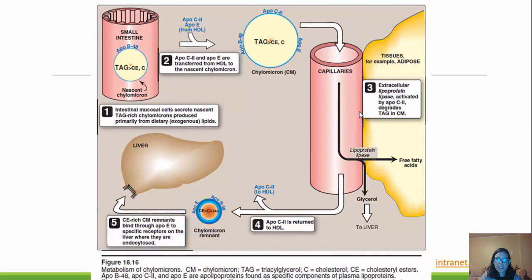The lipoprotein lipase in the capillary endothelium acts to free our fatty acids and deliver them to extrahepatic tissues, such as the adipose tissue and muscle. The glycerol then goes back to the liver or the kidneys. And what's left is our chylomicron remnant, which then returns back to the liver through endocytosis.